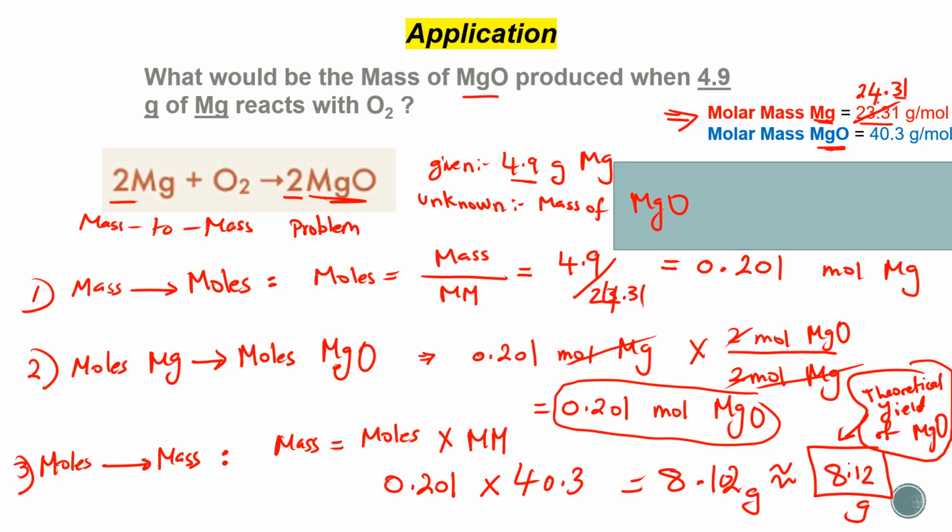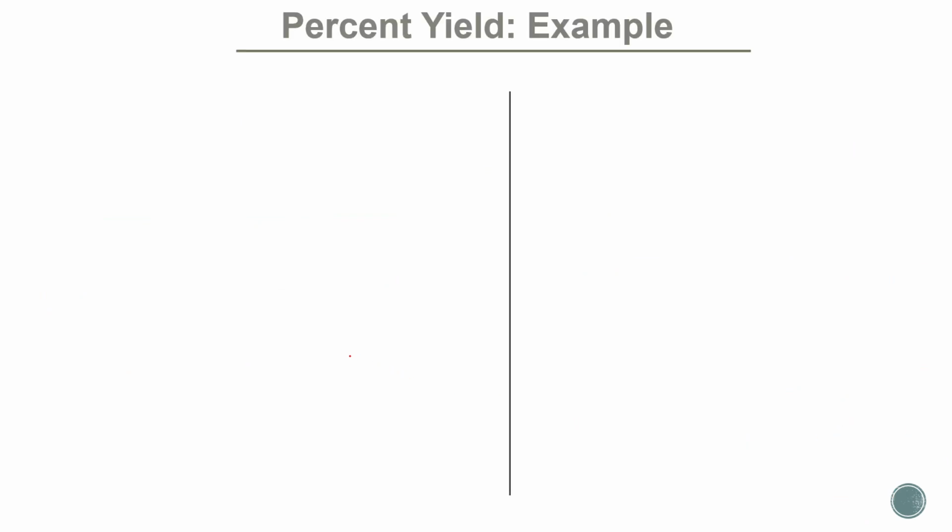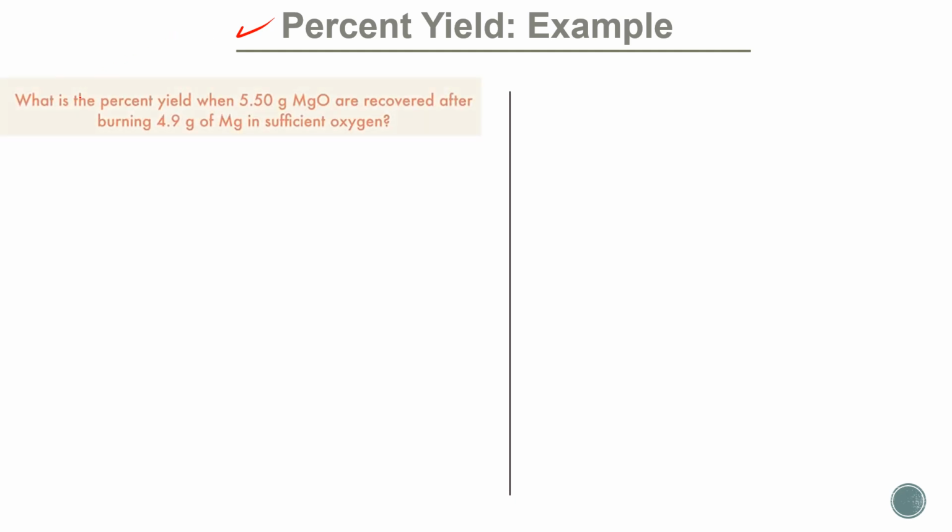So basically what you found here, this is the theoretical yield of MgO. Okay? But what would the question look like if they ask about percent yield? So they would be like, what is the percent yield when 5.5 gram of MgO are recovered after burning 4.9 gram of Mg in sufficient oxygen?